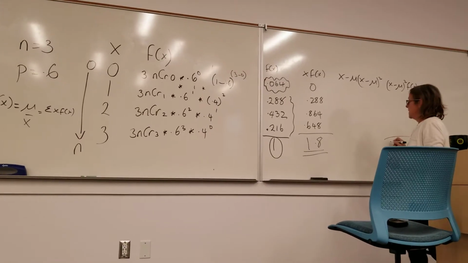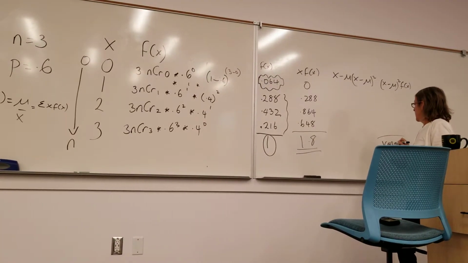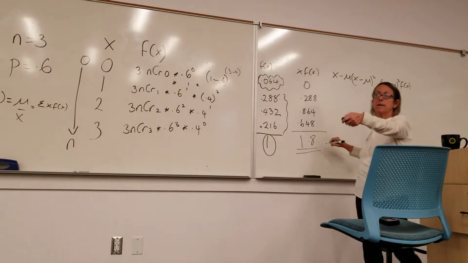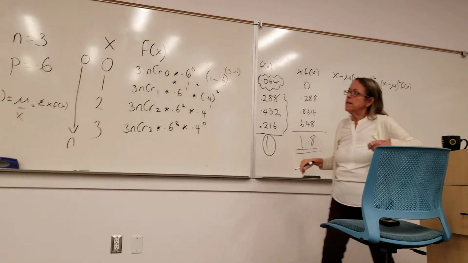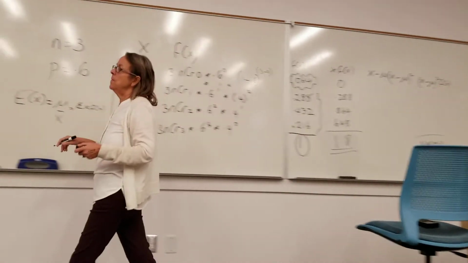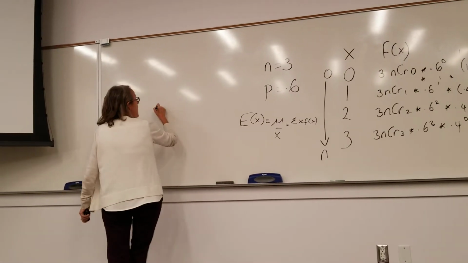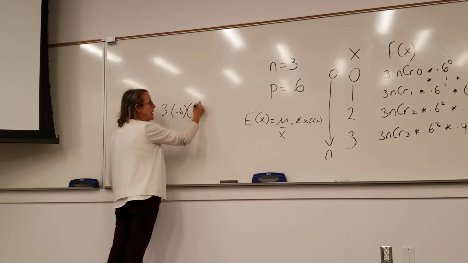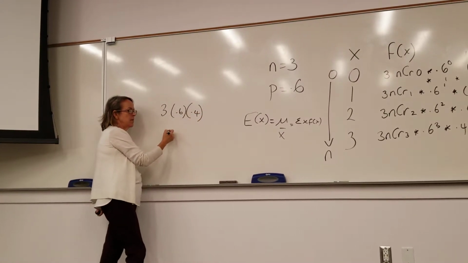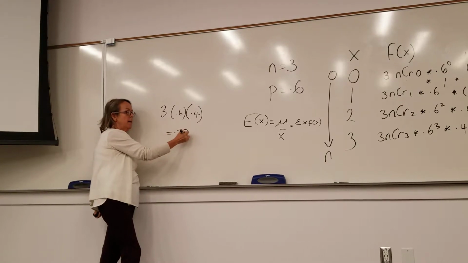The sum of this is the variance. Isn't that what we just did over here? The sum of that is the variance. But the variance in a binomial is also n times p times 1 minus p. It's 0.72 in my case.